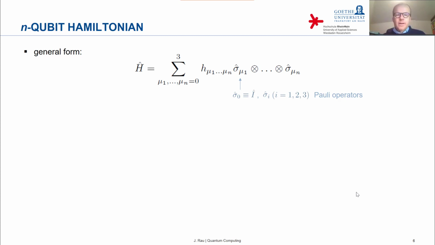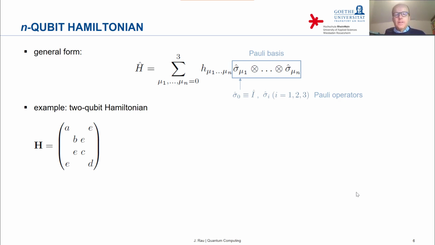And so here you have arbitrary tensor products of these sigmas, and as I said before, any observable and any Hamiltonian in particular can be written as a real linear combination of these tensor products of sigmas. And these tensor products of unit operators and Pauli operators constitute a basis in the real linear space of observables for n qubits. And this particular basis is called the Pauli basis. It's the Pauli basis in the space of observables.